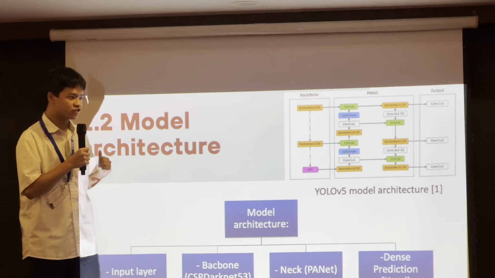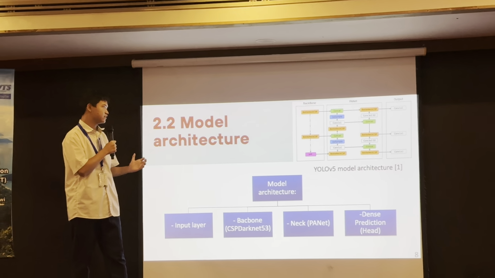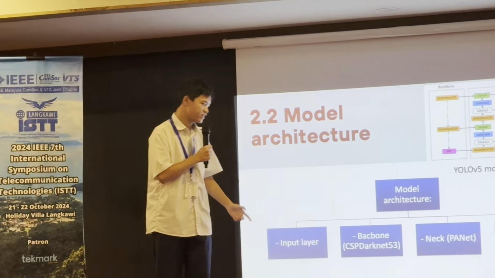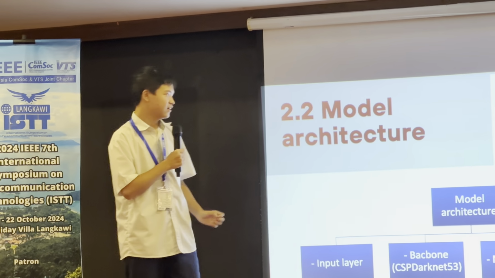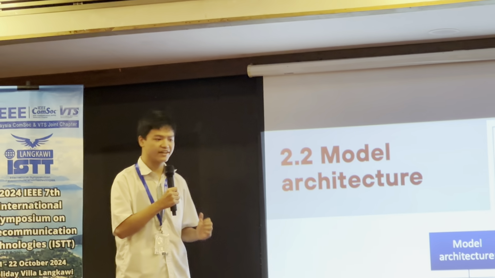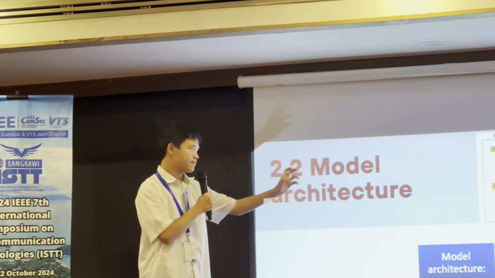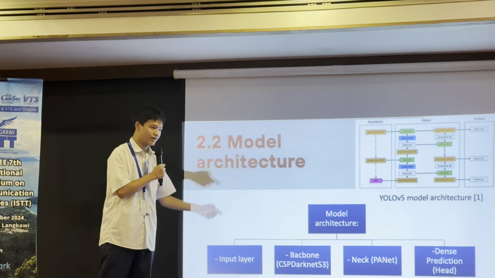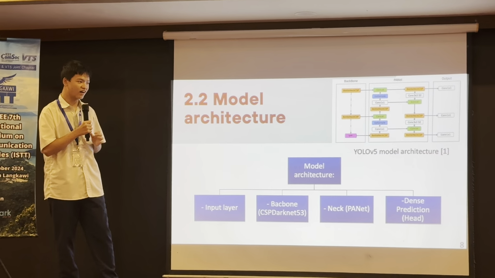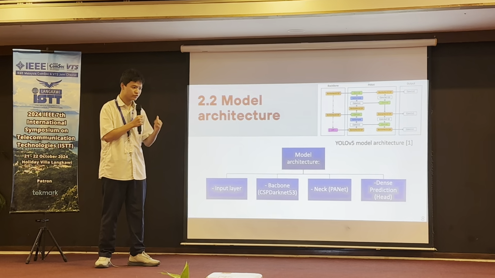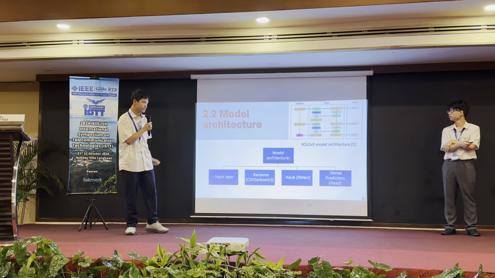All of these features are combined and refined into the output, the head, whatever you want to call it. This is where the predictions are made, and this will show you the information of the potential objects in the image.